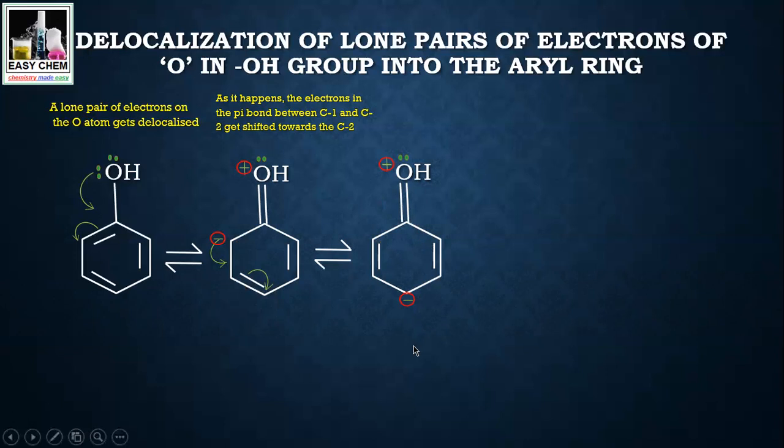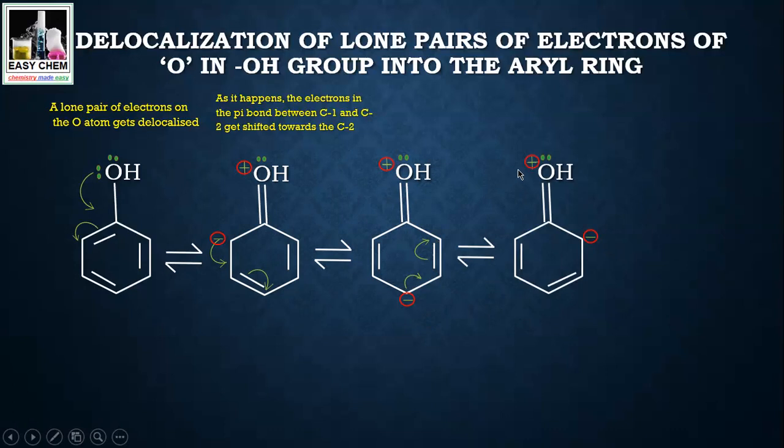What will happen next? As I said before, having a negative charge on a carbon atom is unstable. So these electrons will be donated to the other side, towards carbon number 5. But when electrons come towards the fifth carbon, there's a double bond. This double bond will get shifted by giving electrons to the fifth carbon. And in the next diagram, we will see the 6th carbon. Yeah, you can see the negative charge has gone to the 6th carbon atom.